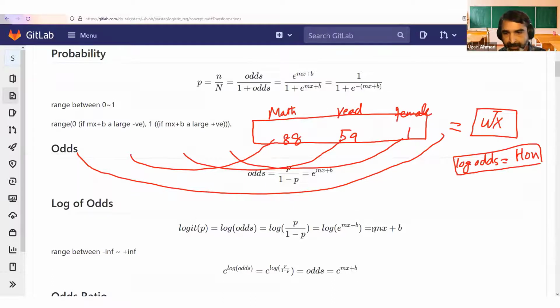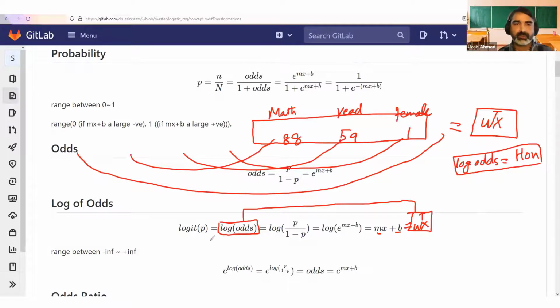So remember, W transpose X, here I'm talking about mx plus b. B is the intercept, m is the slope, but in short we can write it as W transpose X equal to the log of odds. So a logistic regression model predicts what? It predicts the log of odds of an instance, an example, a row in our data, belonging to the class of interest. The class of interest here is being in the honors class or not.